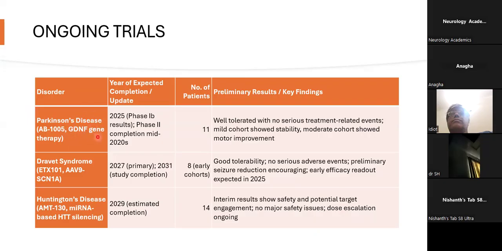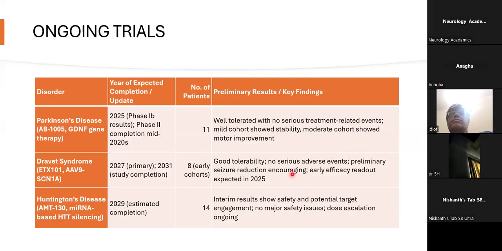So there is the application of this adeno-associated virus with the GDNF gene that is injected intraputamen, injected into the putamen. So from whatever reports available till now, it is well tolerated with no serious treatment-related adverse effects.